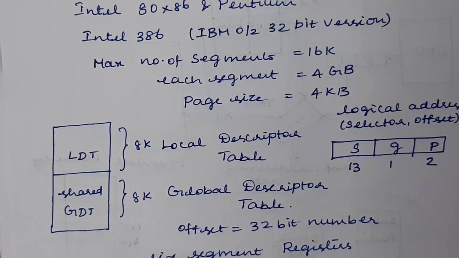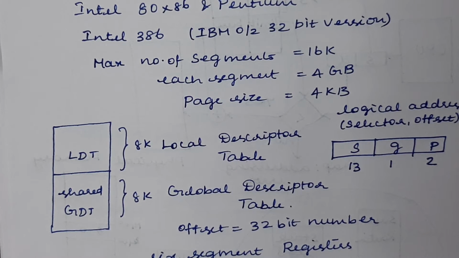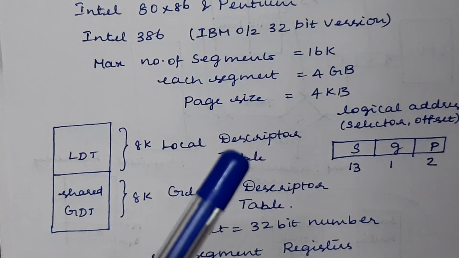So again we get that overlay concept: if some of the segments are not currently available in main memory, we need to transfer them from secondary disk to main memory. Whether a segment is available in main memory or not, that information is represented by this descriptor table. That's why we have this descriptor table here.